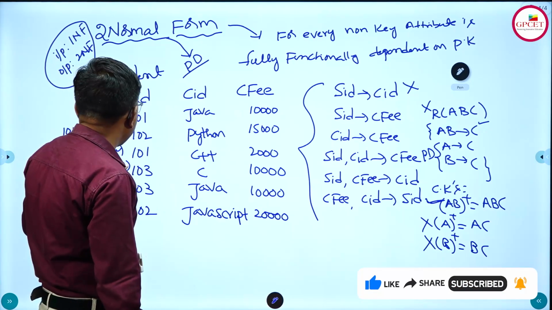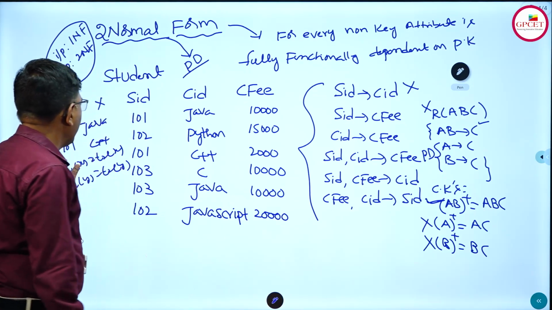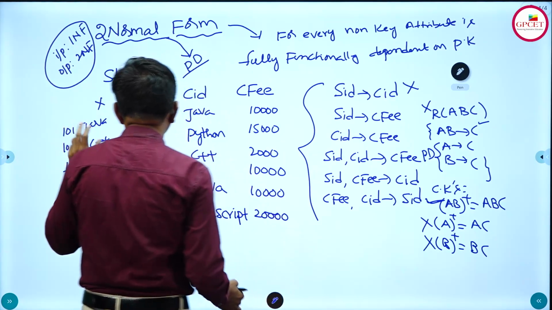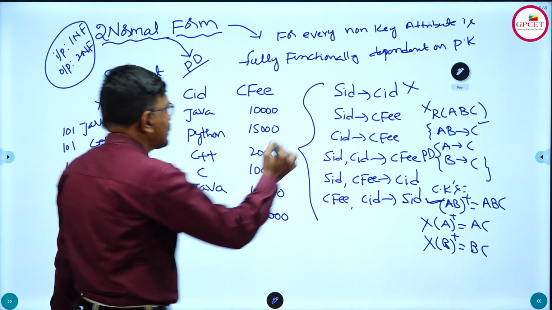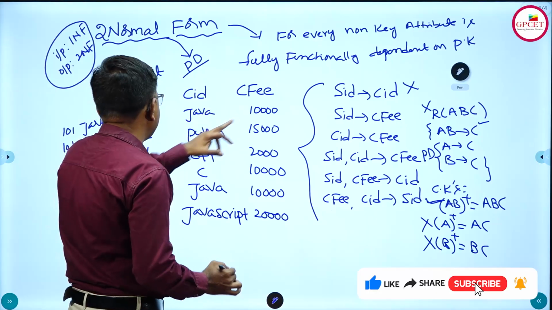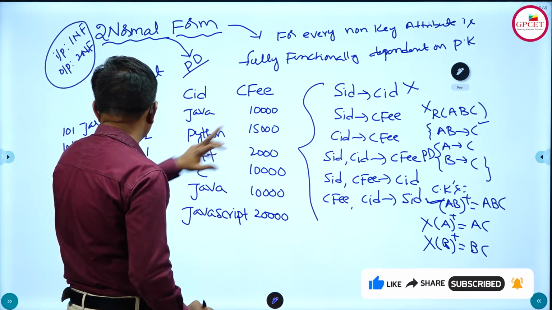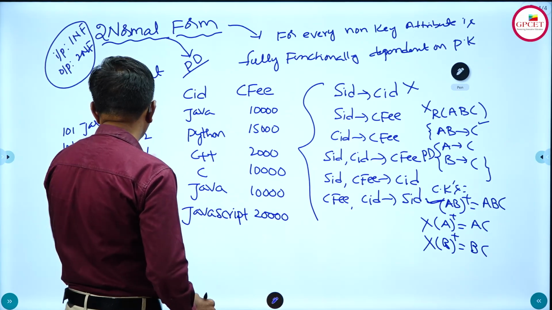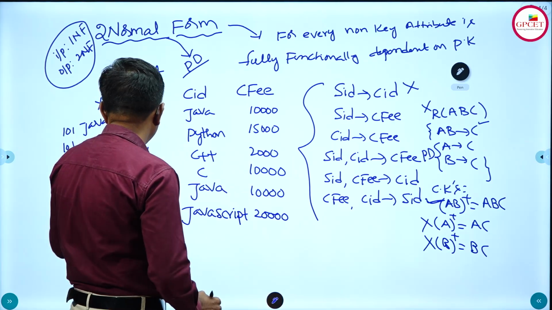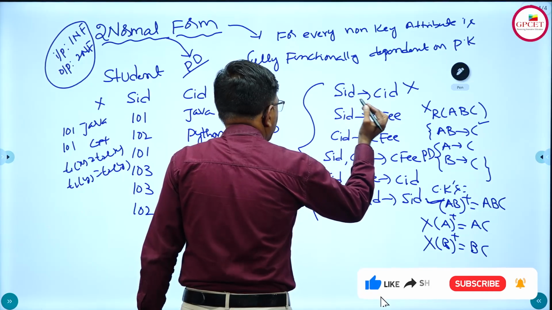Next, 102 has 15,000, and 103 has 10,000 again, no issue. Checking each: 101, 10,000; 102, 15,000; 101, 10,000; 103, 10,000, and 103, 10,000. So SID tends to course fee is satisfied.